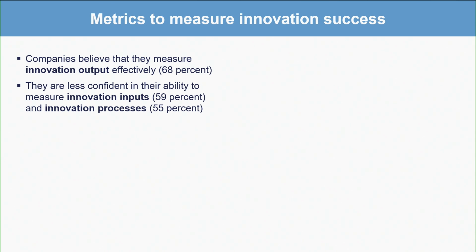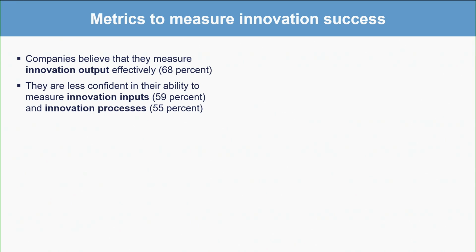And there's a lot of statistics and surveys with managers, how they think they should manage innovation. And one is conducted by Boston Consulting Group almost every year. And they continuously find that companies really think they are good in measuring the output of innovation. However, they are less confident in the ability to measure the innovation input, the way they really designed the innovation process. So think about this.